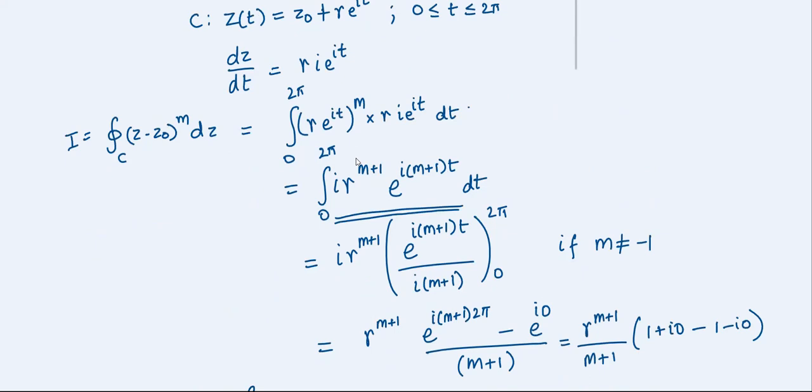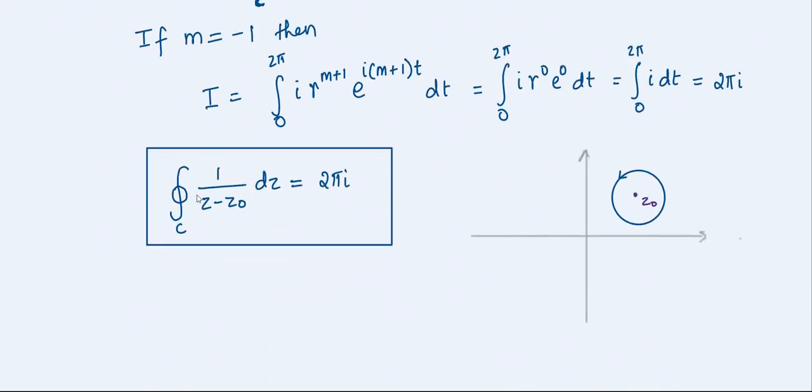So whenever there is a point of non-analyticity, that means the function is not defined and the function is of the form 1 by (z minus z naught), and you take a circular path around z naught with center at z naught, you get the integral as 2 pi i.